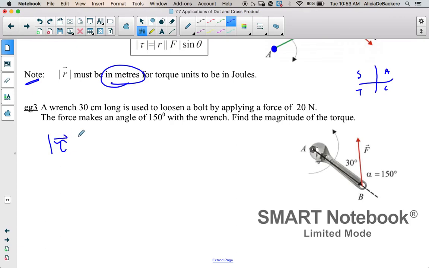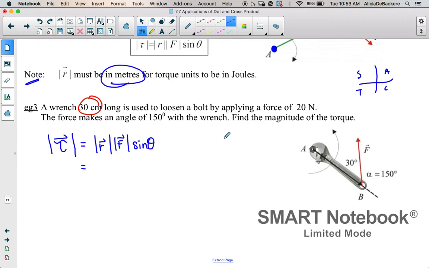Watch out for that. When they give you the magnitudes and the angle, the only formula that's useful here is the one to find the magnitude of the torque. I can't find the direction. So in this one, I'm going to be using this formula. But I notice they gave me the length of the wrench in centimeters, which is not okay.